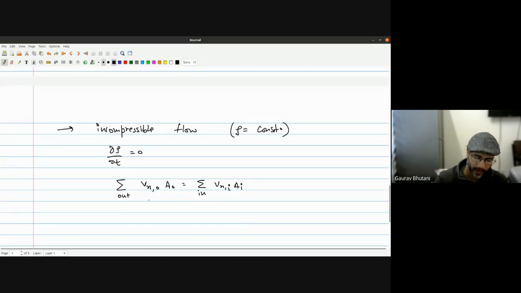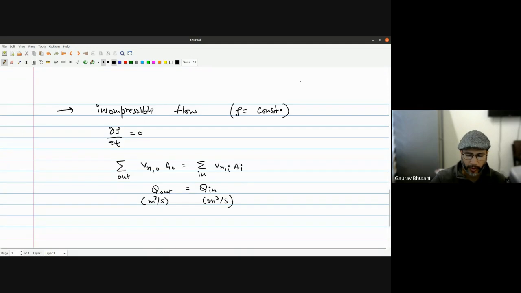And in this case, basically what it means is the net volume flow rate out is equal to net volume flow rate in. So that's meter cube per second. And this is also known as the continuity equation. It has another name.